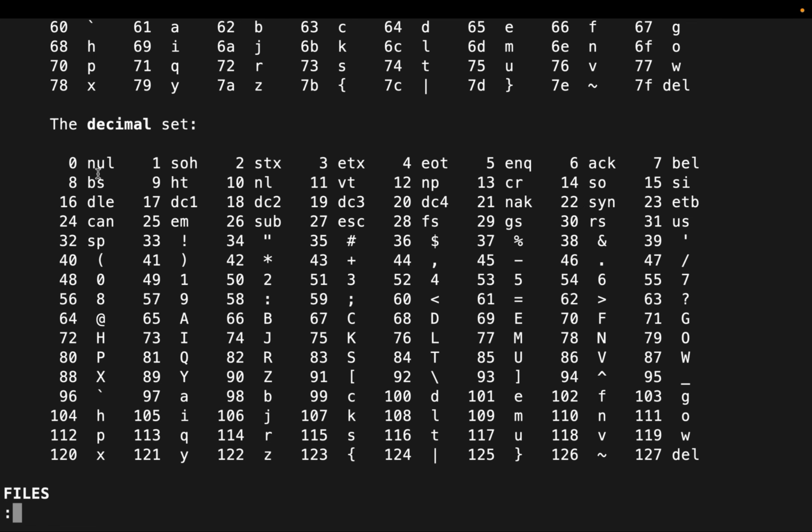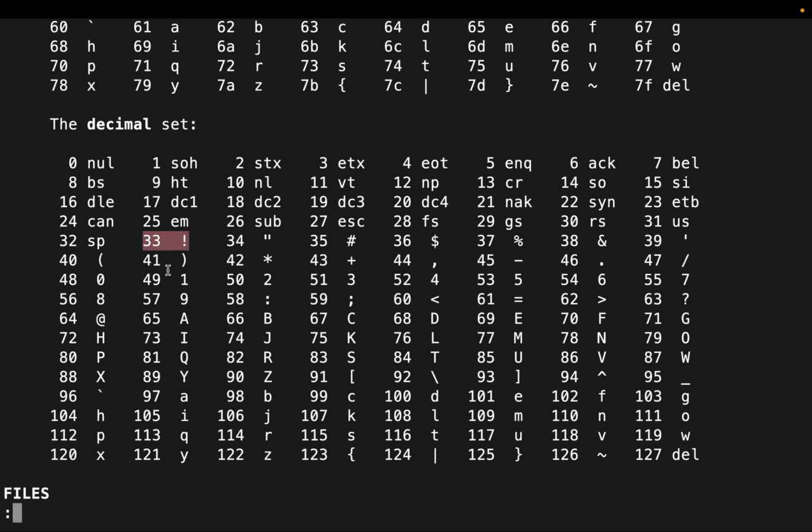As you can see, we have 128 of them, so the delete key on your keyboard has this code 127, null, which is nothing, means 0, then this is start of header, which basically means start of a file. This is start of textual file, if I'm not wrong.